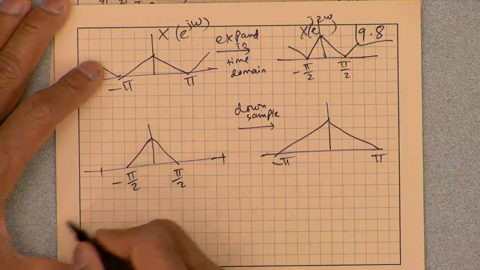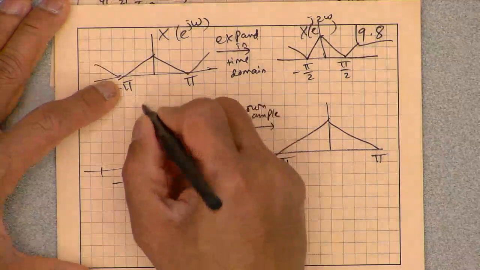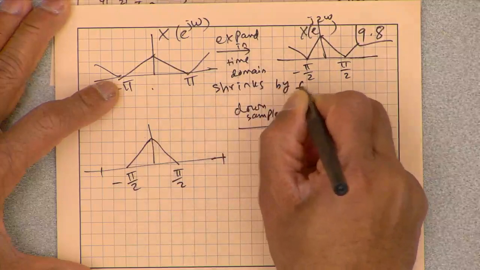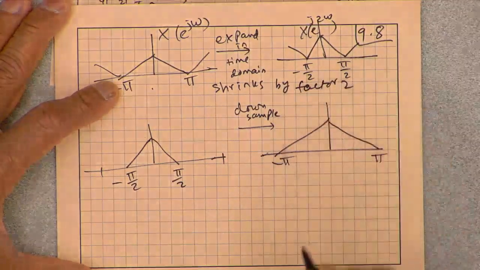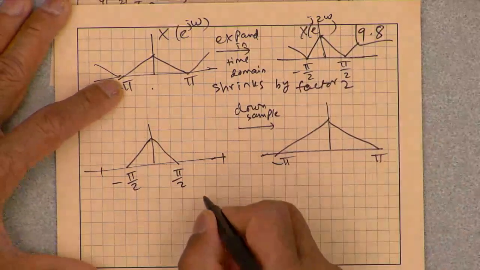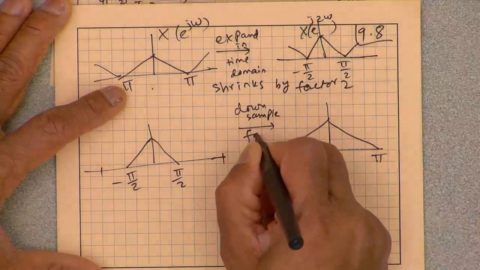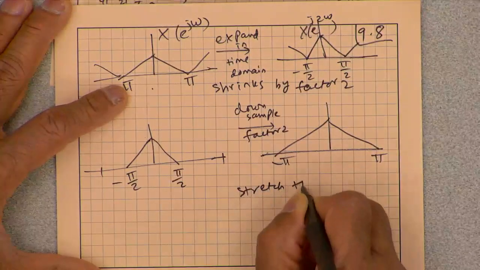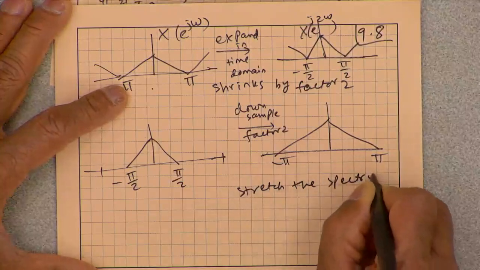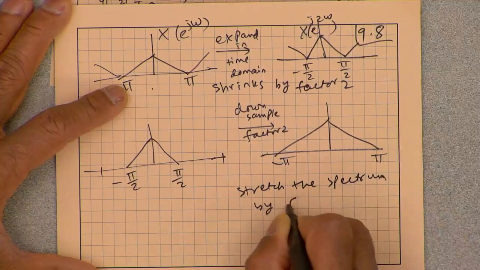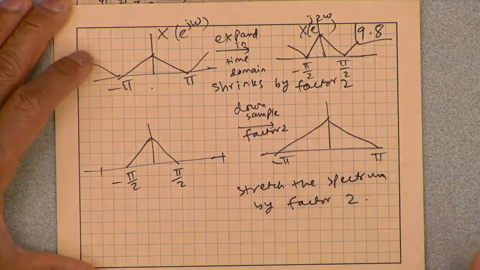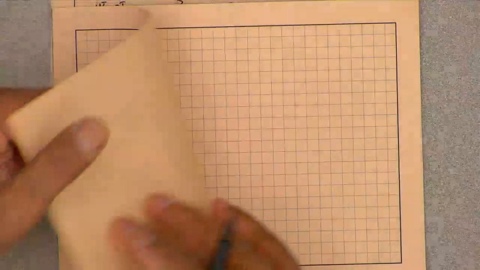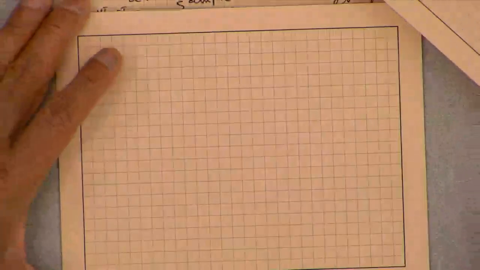Expansion by a factor of 2 shrinks the spectrum by a factor of 2, and downsampling by a factor of 2 will stretch the spectrum by a factor of 2. I am not proving all this right now. We can spend more time, but I think I can talk about some brief ideas.